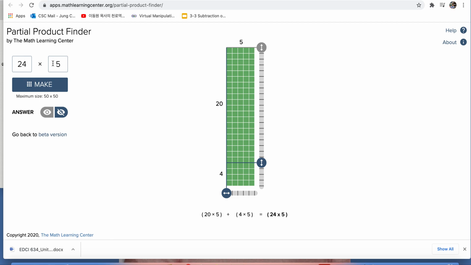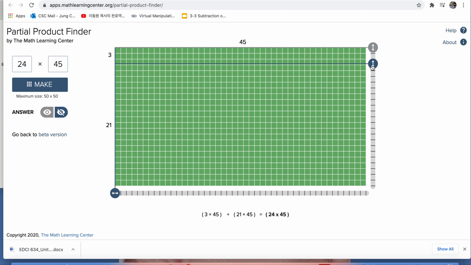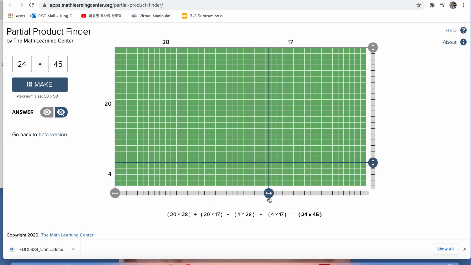You can always extend the digits, 2 digit by 2 digit. Let's do something like that. So you can break this down into tens digit by ones digit. So 20 and 5, 20 and 5, 4 and 40 and 5. That's just my option.